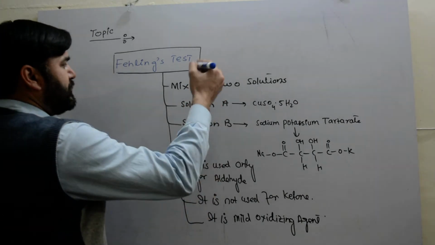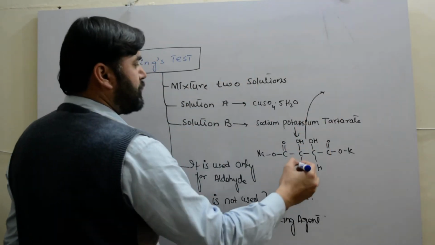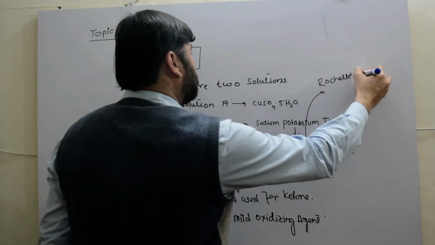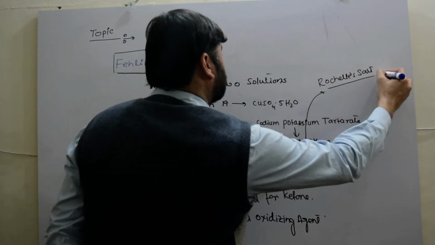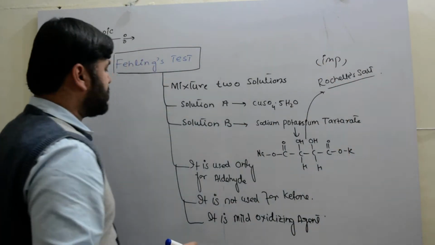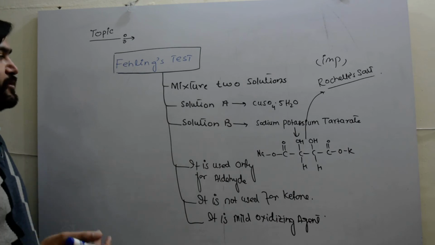This salt is also called Rochelle's salt. This is also important, you can write it in the important section. So this is the mild oxidizing agent, and it can react with only aldehyde.